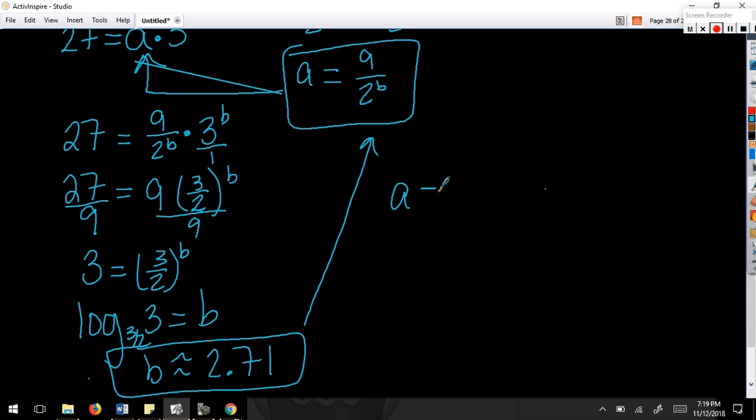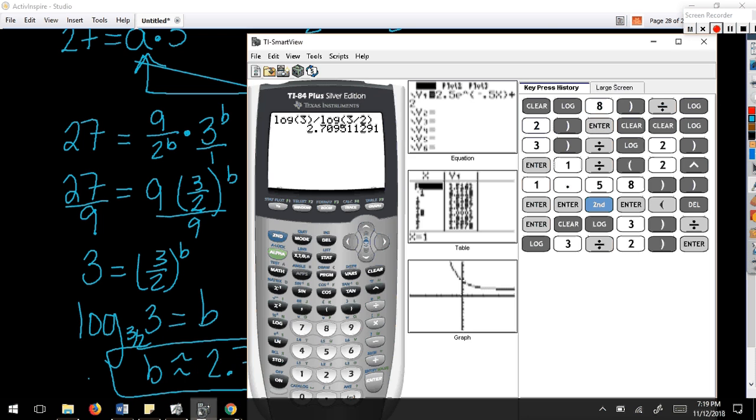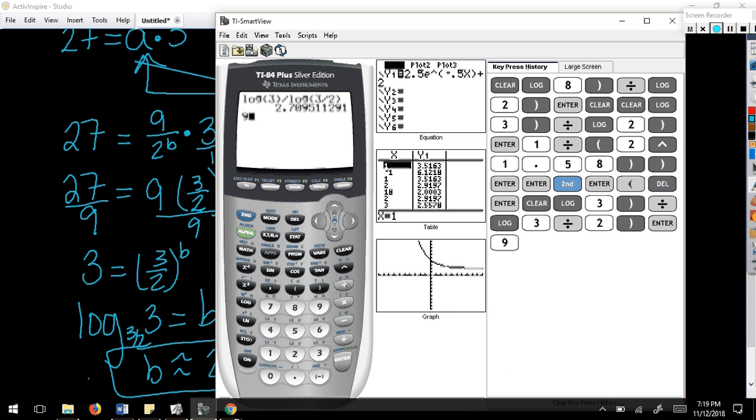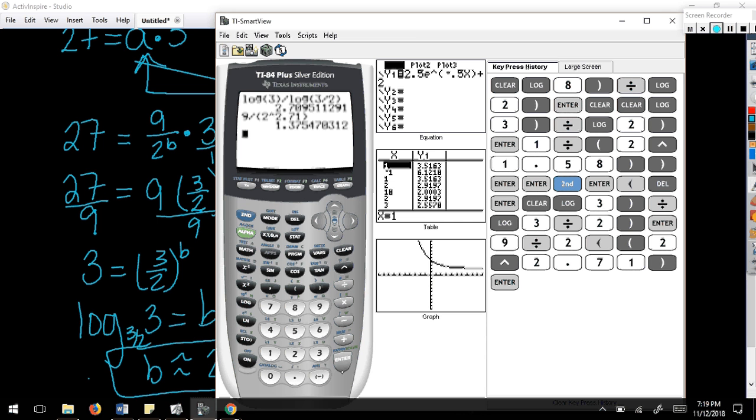So A equals 9 over 2 to the 2.71. 9 over 2, let's put this in parentheses, 2 raised to the 2.71 would give me 1.38 rounded.